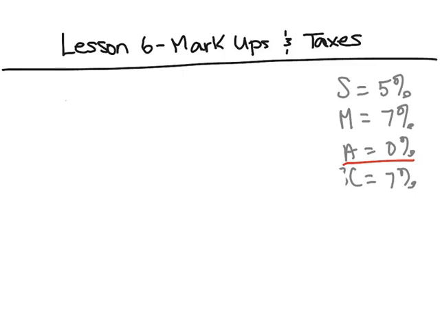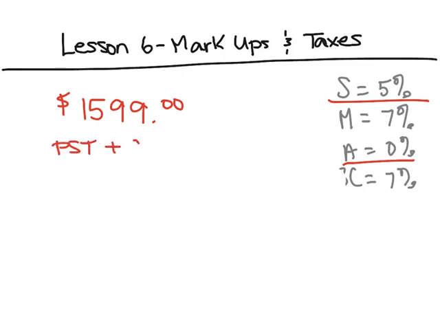Example 4, a furniture store in Saskatoon is selling a bedroom suite. The list price is $1,599 and 0 cents, so $1,599. What's the total cost with GST and PST? So in Saskatchewan we have 10% tax, 5% for PST, and 5% for GST.